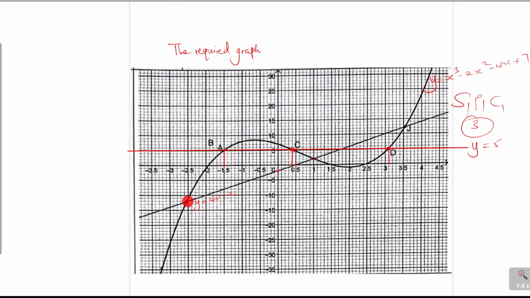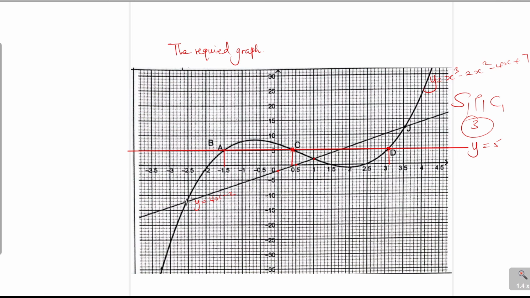This point here is negative 2.5, actually negative 2.55, something like that.